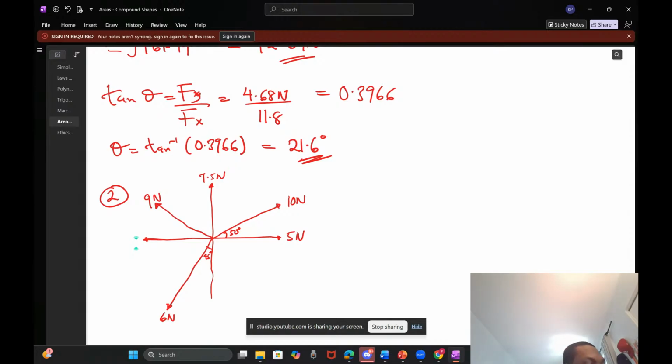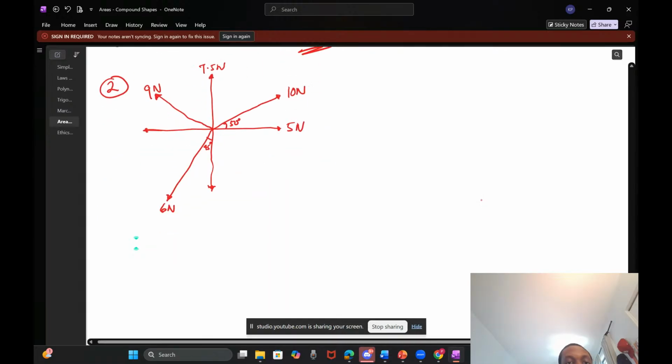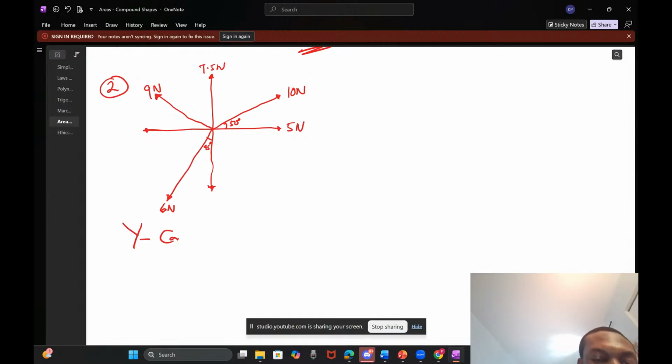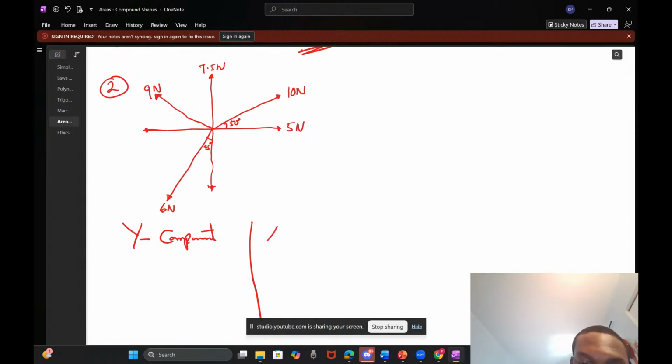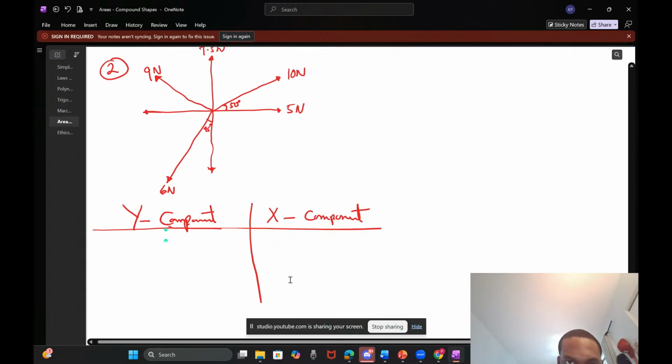Okay, so let's go with this one. So we have the Y component, let me put the Y component first, and then we have the X component. So the first one is 7.5 newtons.